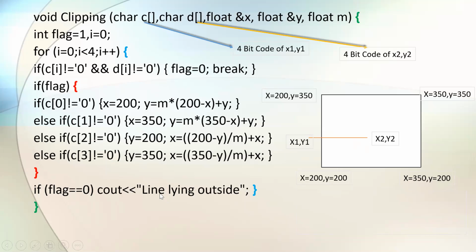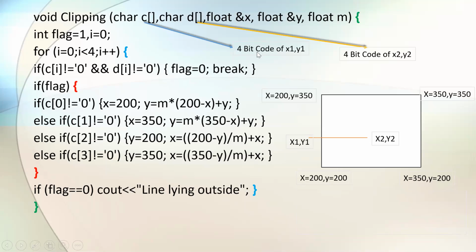Now when will the line be lying outside the rectangle? When the C bit and D bit positions are both not equal to 0. That means both the bits are high. So if both the bits are high, it means the line is completely outside the clip window. So in that case, we set the flag equal to 0.